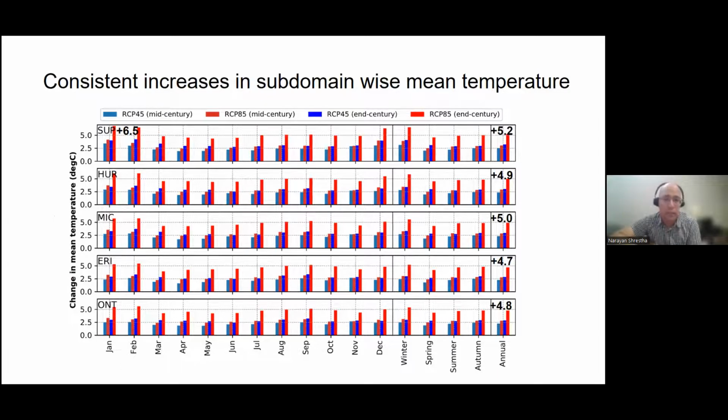For instance, in Superior, we have seen that the annual mean temperature increase would be on average 5.2 degrees centigrade, whereas the same for Erie would be 4.7. The increases in the monthly time scale, specifically in the winter months, would be even higher, 6.5 degrees centigrade higher than the baseline period. Next slide.